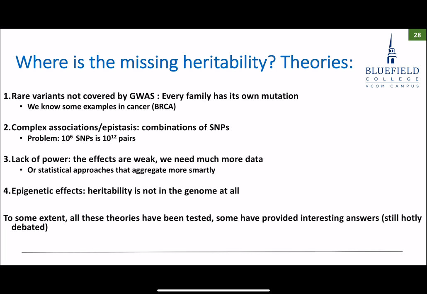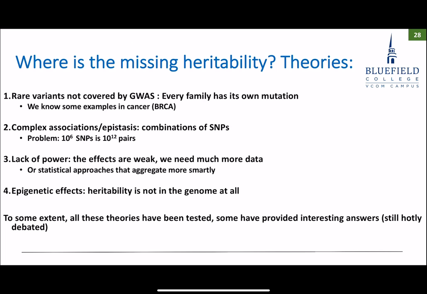We call it epistatic interaction. It's some functional interaction between independent loci or independent genes. And the problem is that when we have 1 million markers, million SNPs, and we start considering interactions between them, we have 10 to the 12 possible pairs, which is not possible to analyze at this point.